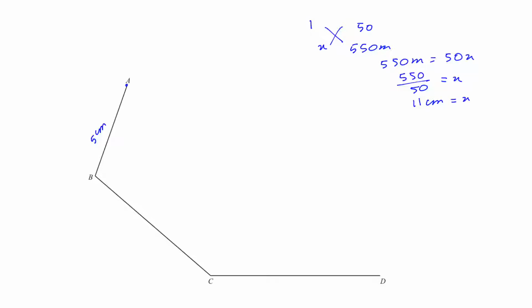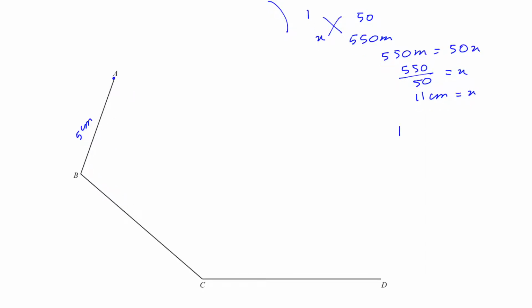So from A, we will take 11 centimeter and make an arc like this. And for the D part, again, 1 centimeter is equal to 50 meters. Therefore, 600 is equal to how many meters? Cross multiply.